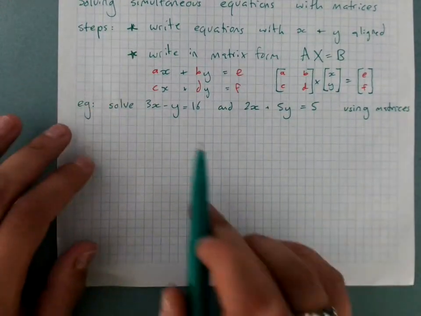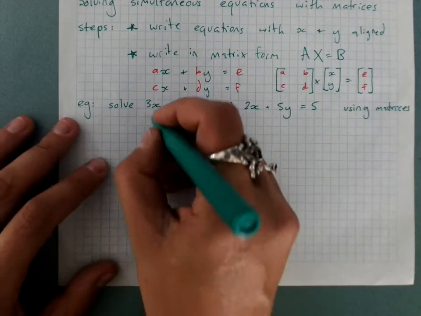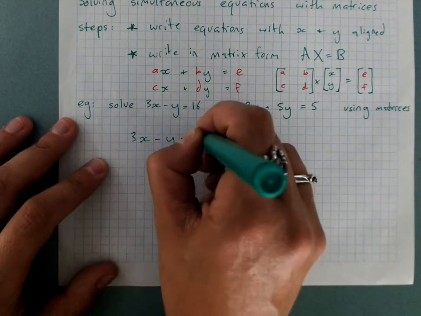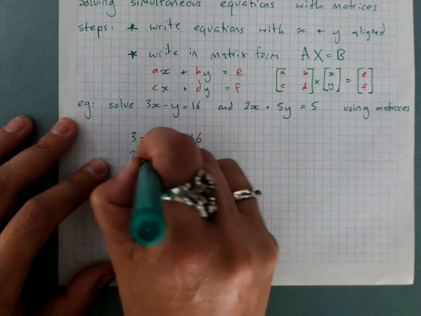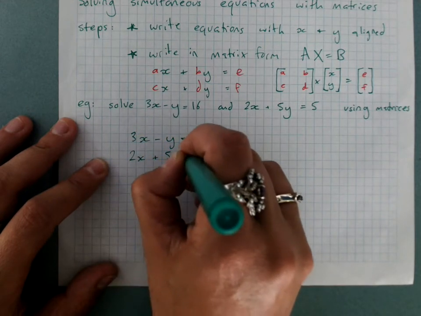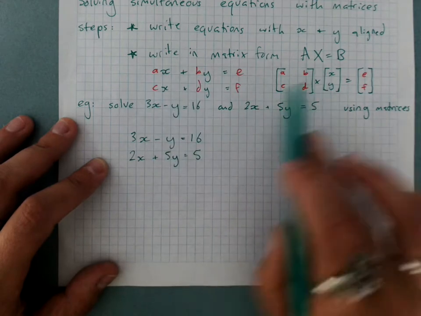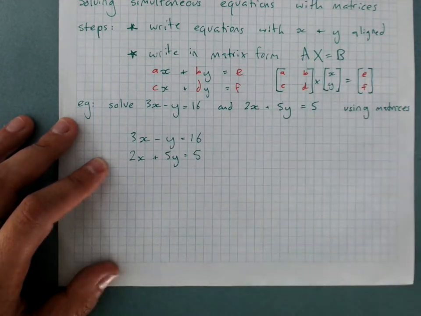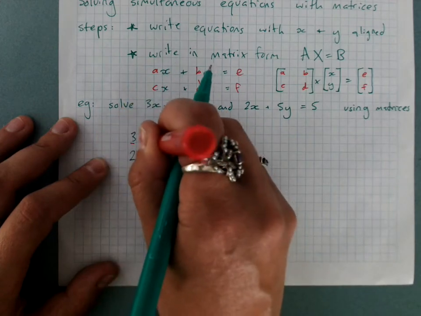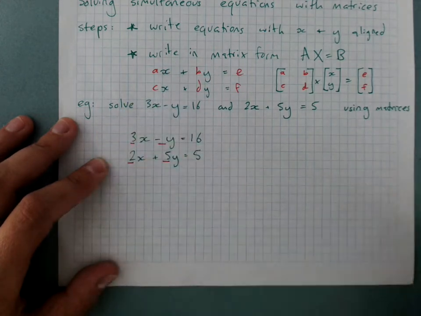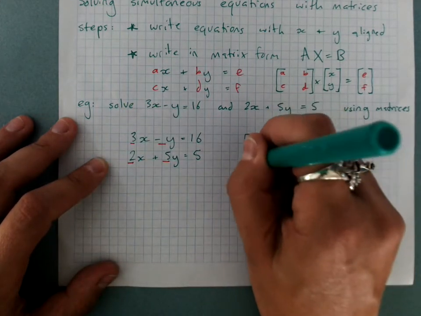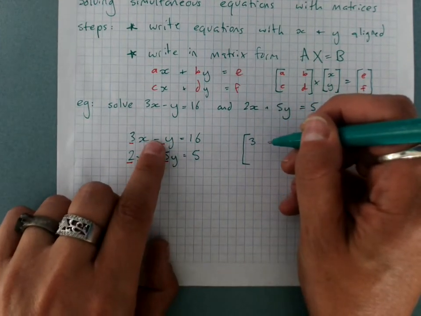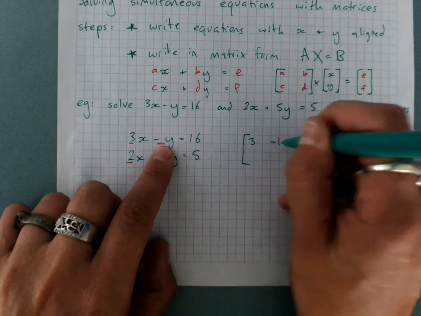Write our equations with x and y aligned. Write them in matrix form, AX equals B. So the numbers in front of x and y go in the A matrix. There's no number in front of y, but I've got negative, so it's negative 1.